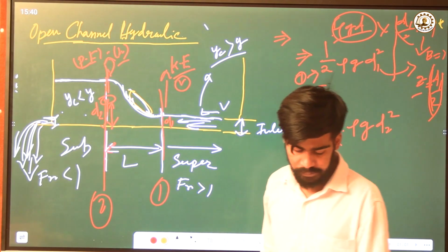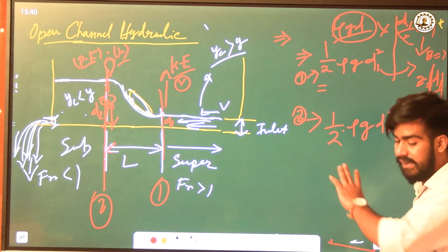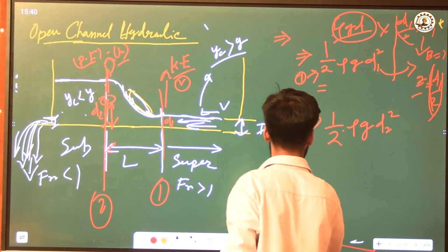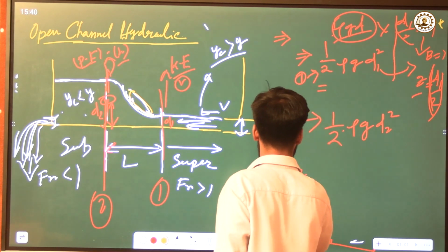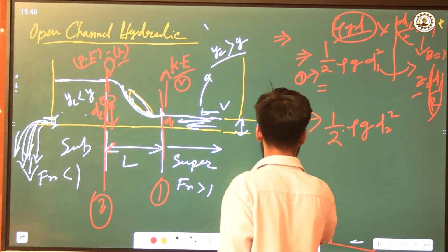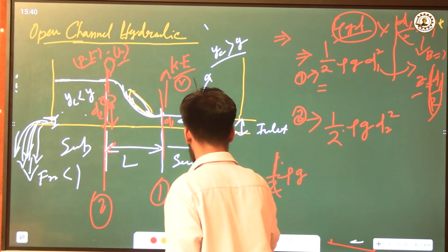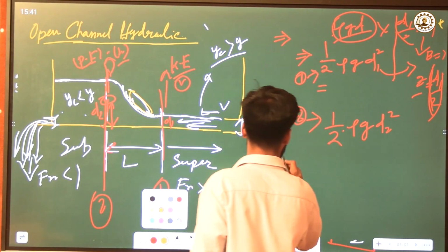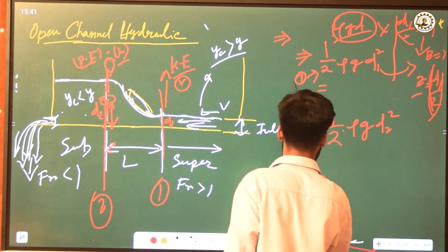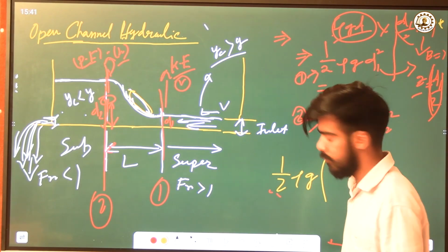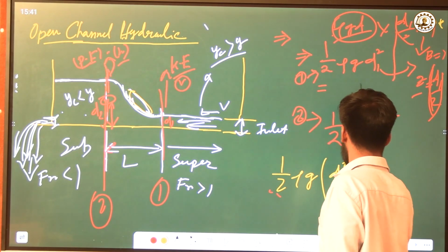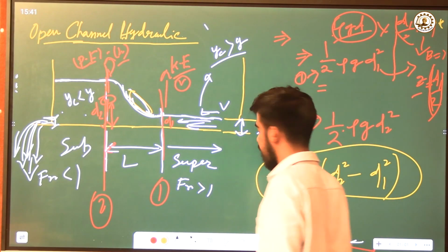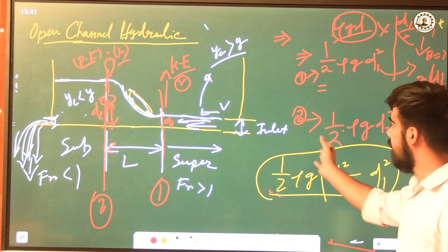Now the net force acting on that section will be, if you take half rho g common, rho g by 2 into d2 squared minus d1 squared. Now this is the net force acting between section 1 and 2.